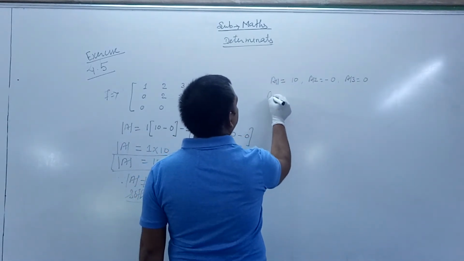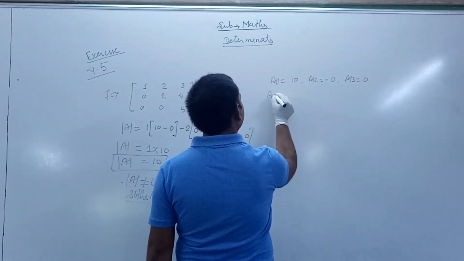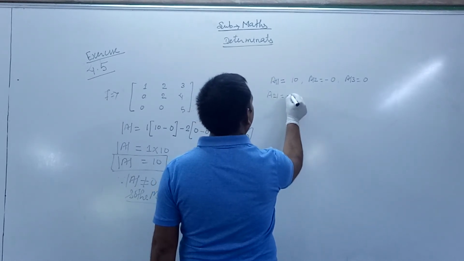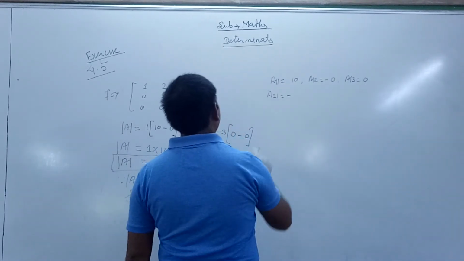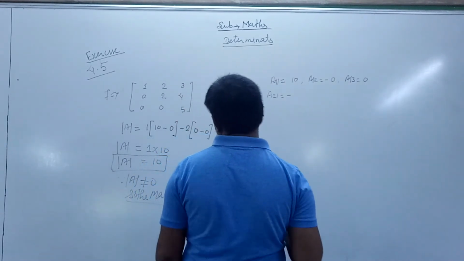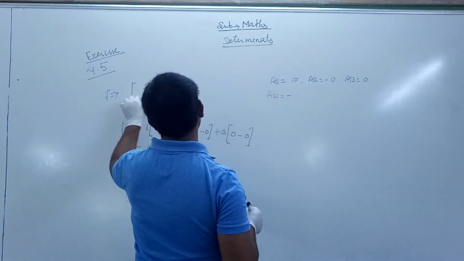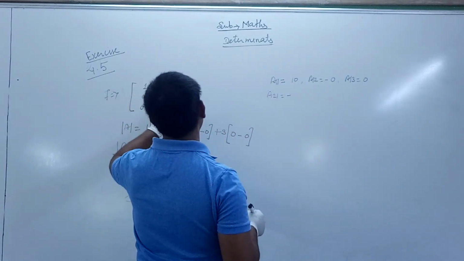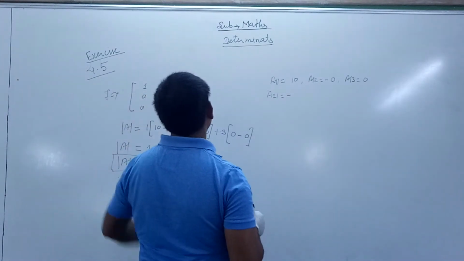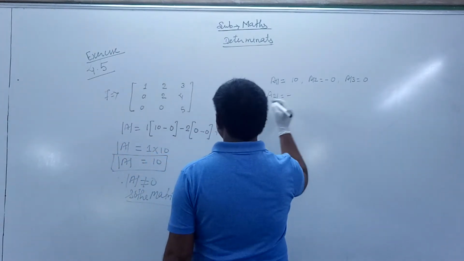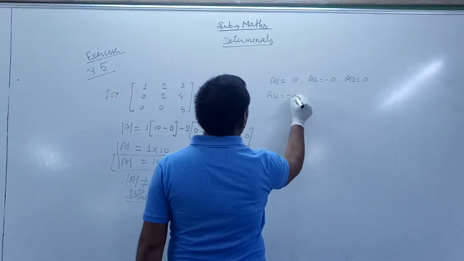Then A21. The sign is negative because 2 plus 1 is 3. You remove the second row and first column, so 2 5s are 10 and 0 3s are 0, so this is equal to minus 10.